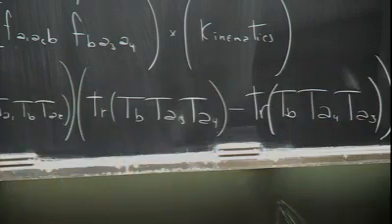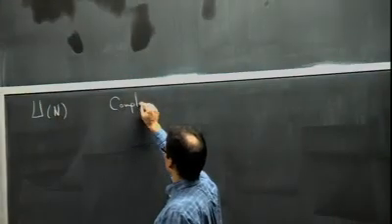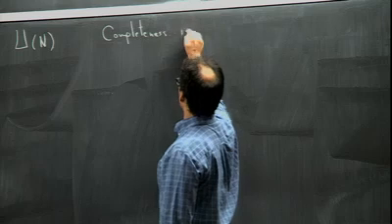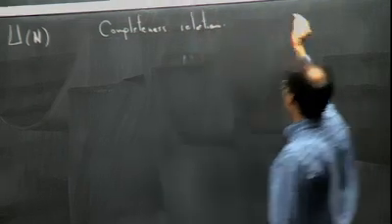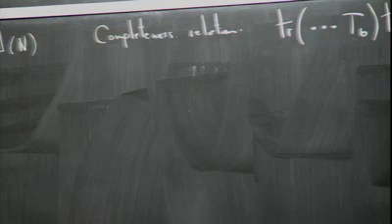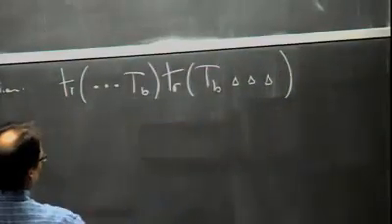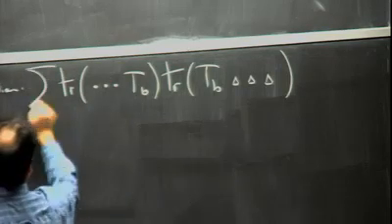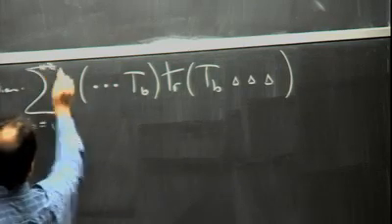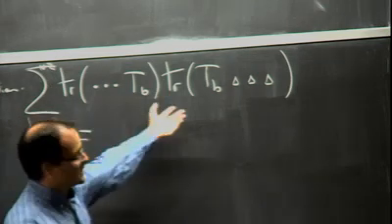Now we use another deep identity of U(N), which is a completeness relation. It says that if you have a trace with dot dot dot T^B, and you have a trace of T^B with more dots, the triangles and the dots are important, and you sum over B from 1 to n squared, this becomes a single trace.